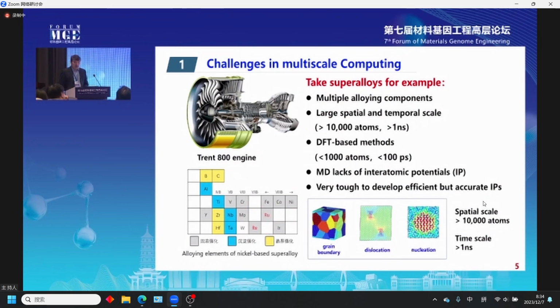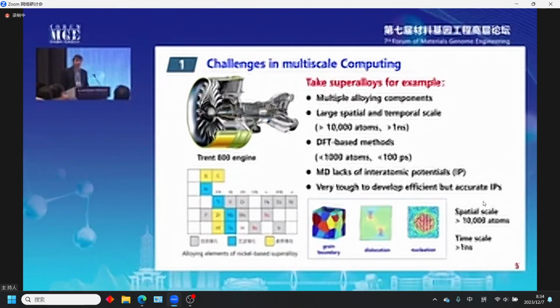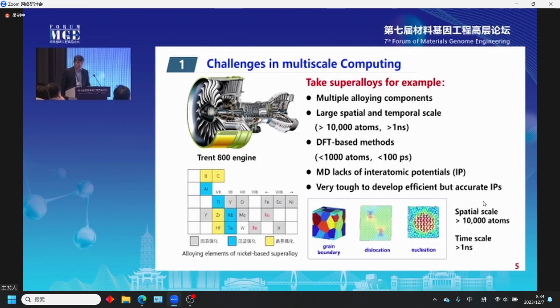Due to this limitation, in our field this challenge still exists, especially for multi-scale computing. If we take high-entropy alloy, for example, we know this kind of alloy is a multi-component alloy, typically including over 10 transition elements, and also with very large spatial and temperature scales.